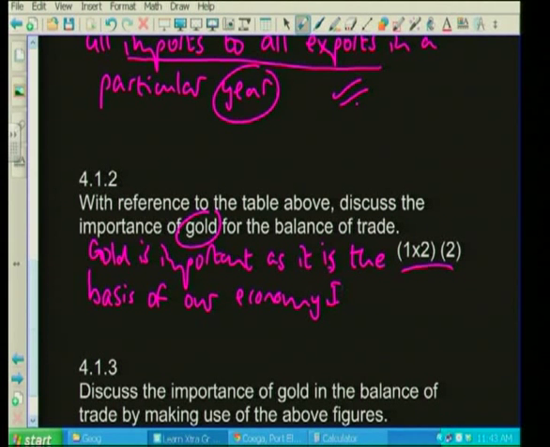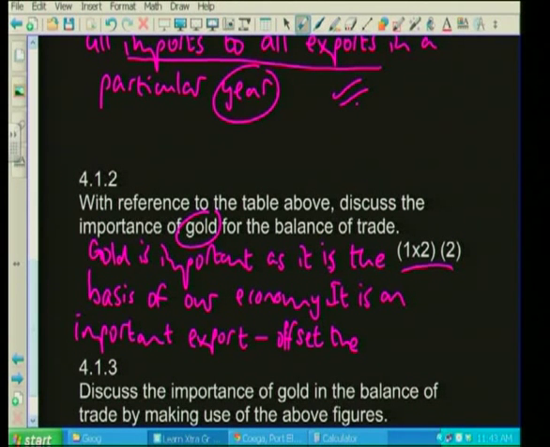It is an important export. So in other words, we make a lot of money from exporting gold to the rest of the world who wants it for valuing of their economies and to make things like jewelry and all sorts of other products from gold as well. And it helps to offset, right? Offset has got a double F, offset the costs of imports.